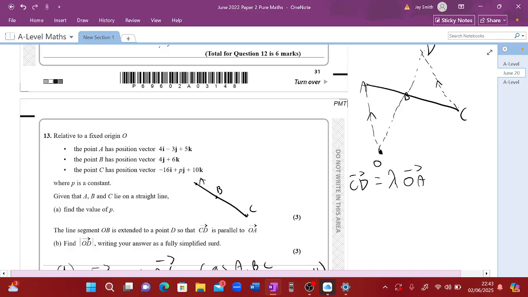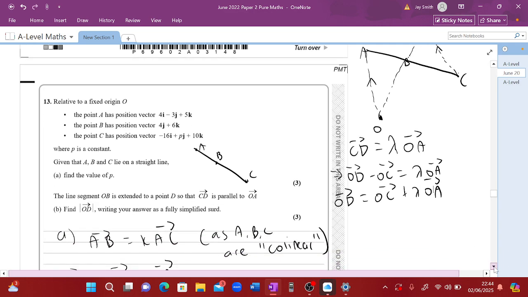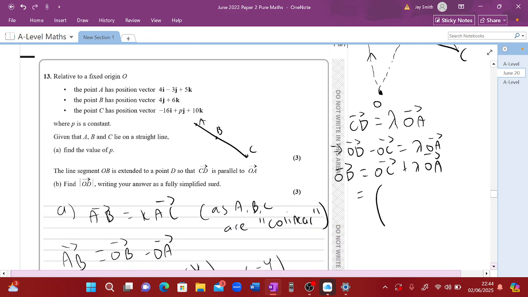But C to D, remember, that's going to be OD minus OC. That's going to be lambda lots of OA. But so then OD, we want OD. So actually OD is going to be OC add lambda lots of OA. Which is minus 16, p which is 32, and 10.